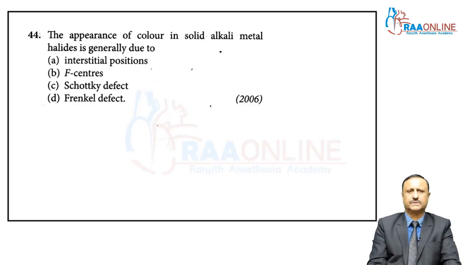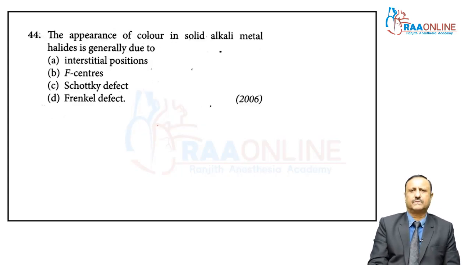Now, we can see question number 44. The appearance of color in solid alkali metal halide is generally due to, my dear students, F center. Here F center is present. What is the F center, my dear students?